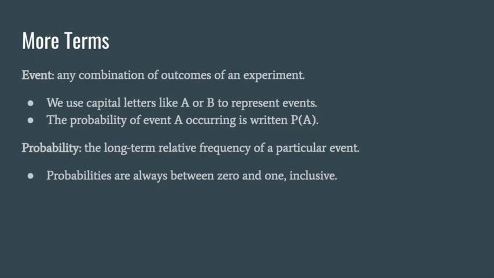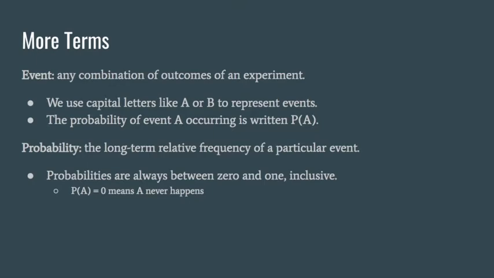You can never have a probability that's a negative value, and you can never have a probability that's bigger than 1. The reason for this is because if we say that the probability of something is 0, that means it never happens. It's not quite accurate to say that it's impossible, but I wouldn't chastise you for saying that.